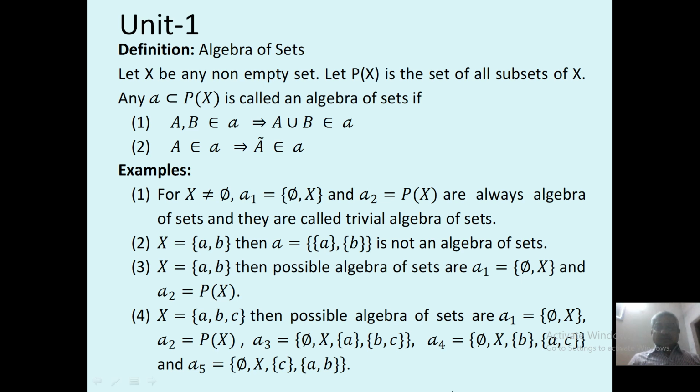Similarly, you can find another algebra of sets A4 = {phi, X, {b}, {a, c}}, and A5 = {phi, X, {c}, {a, b}}. So there are five possible algebras of sets for this set of three members a, b, c.